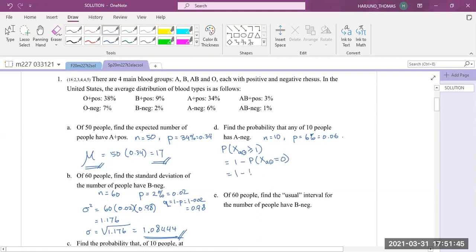That's 1 minus binompdf of 10, 0.06, 0. Get 1 minus 0.538615. That's 0.46138.